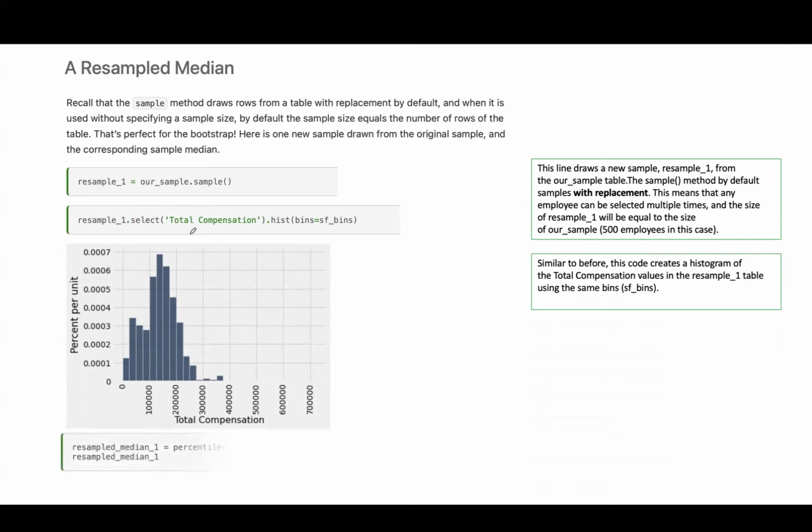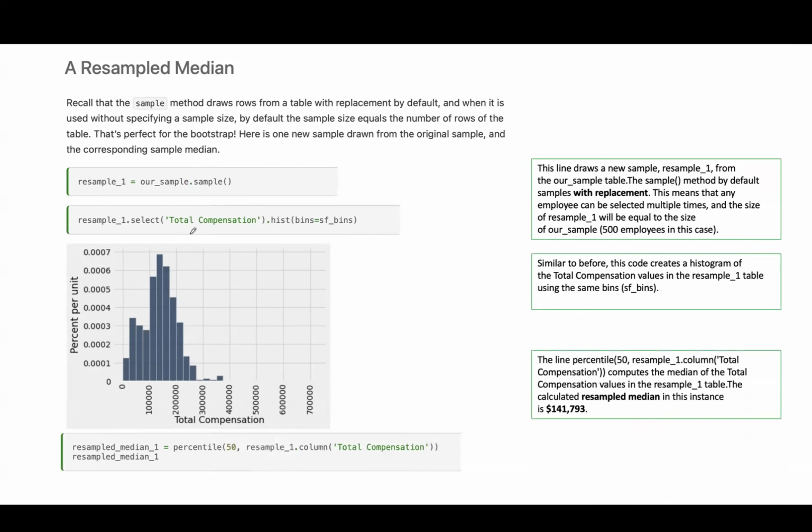Let us take a look at the resampled median. We're going to use the percentile function and take a look at the median here. 50 represents the 50th percentile, or the median. The value is going to be $141,793.